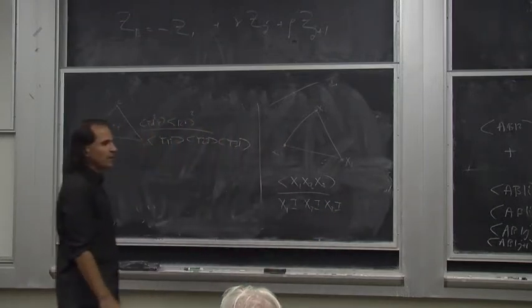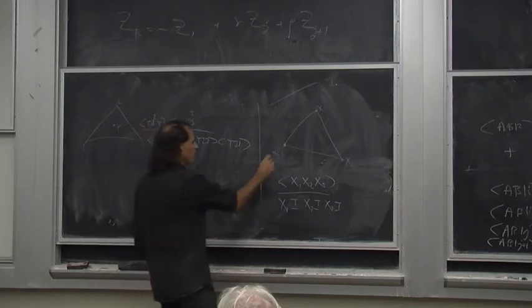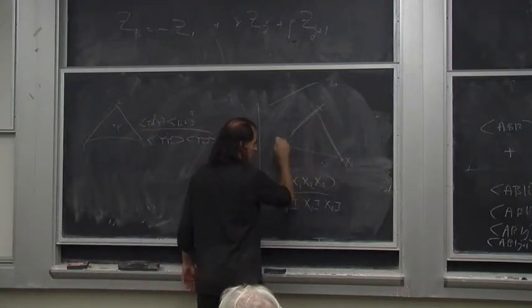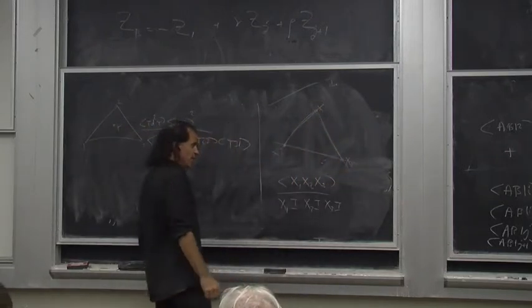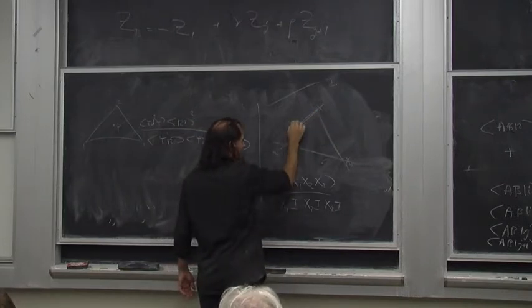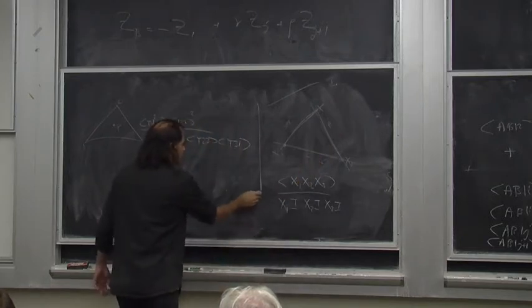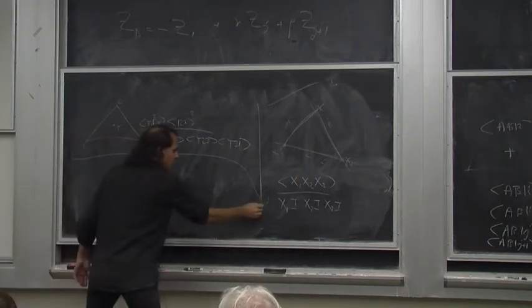So this is a great formula if you're given the vertices of a triangle. But what would the formula be if someone gave you the edges of the triangle?